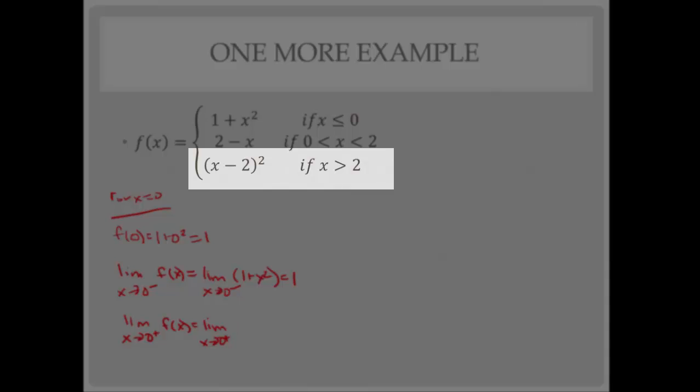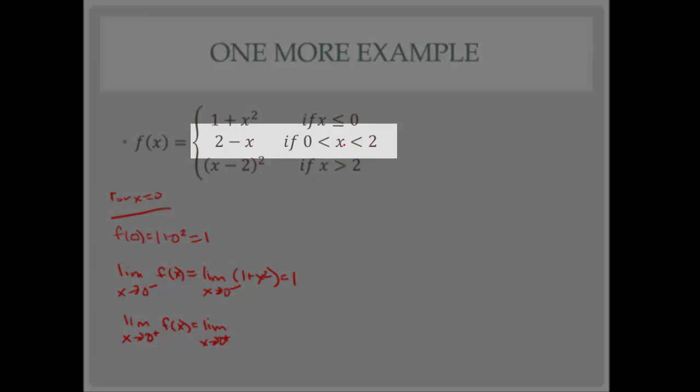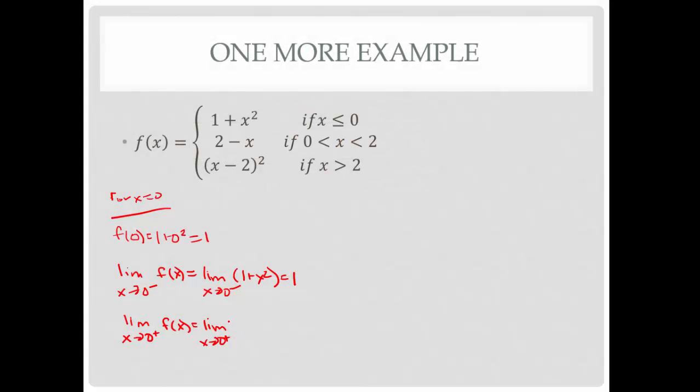And while 2 is larger than 0, it is significantly larger than 0 when you're talking about calculus concepts. So we want numbers just a little bit bigger than 0. That's going to be the middle piece, because these are just bigger than 0 but smaller than 2. So we're going to use 2 minus x for that one.